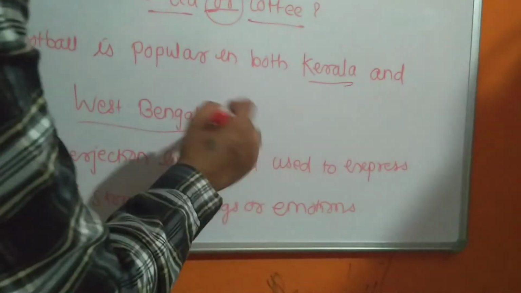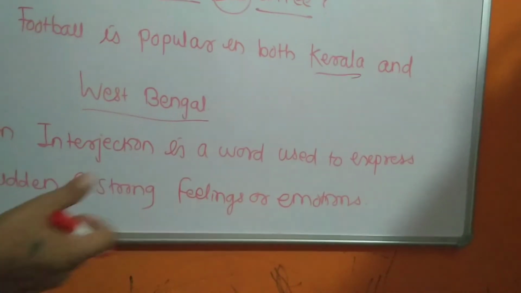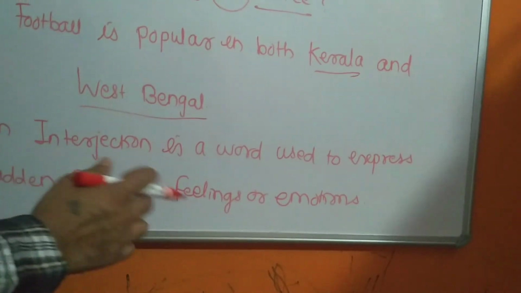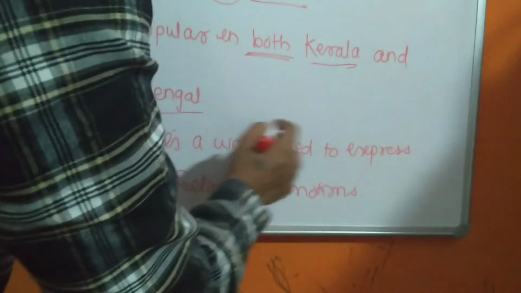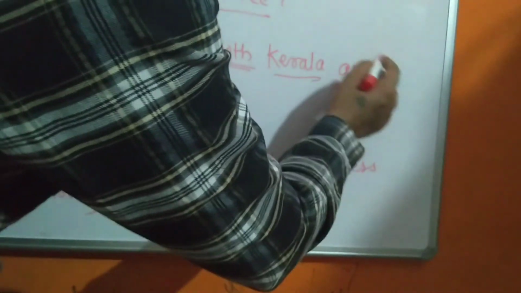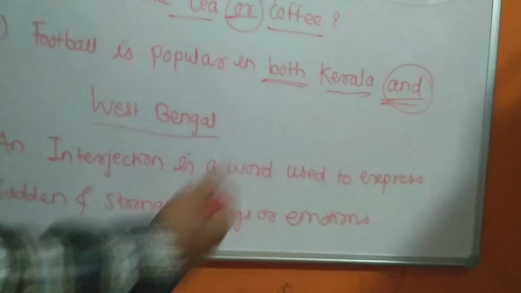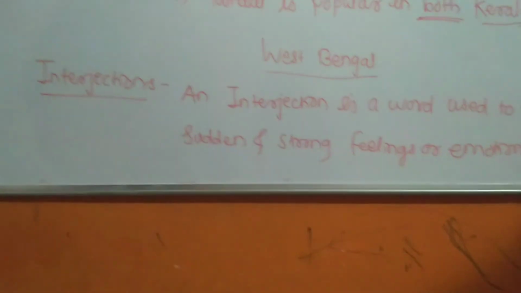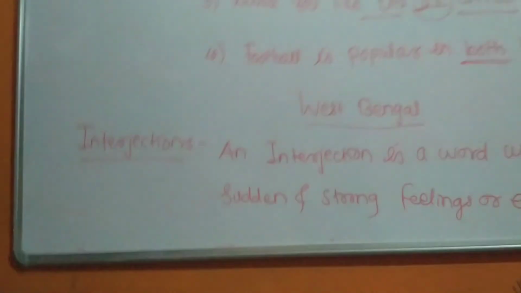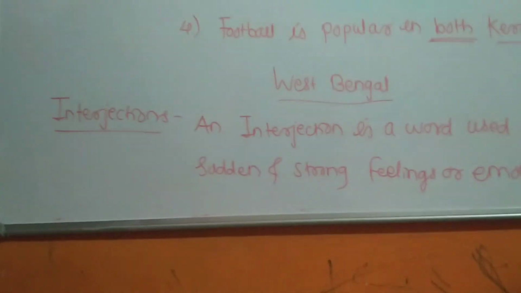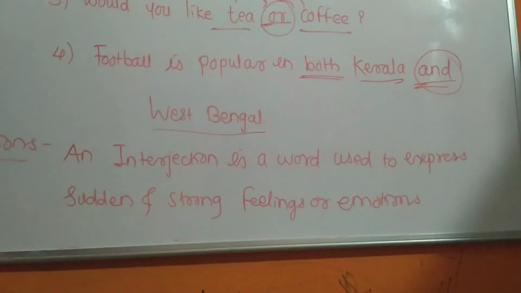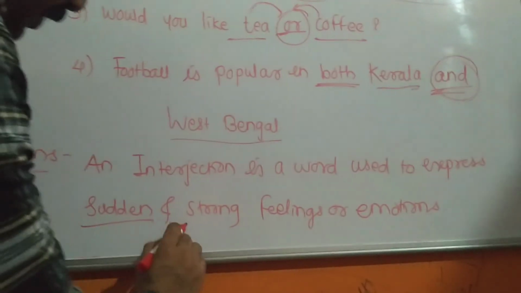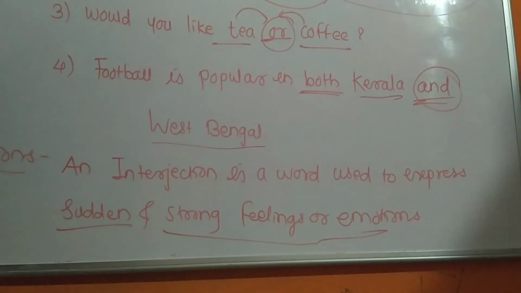So in this sentence there are two conjunctions we used. Both is also a conjunction and and is also a conjunction. Now the last part of speech is interjection. An interjection is a word used to express sudden and strong feelings and emotions.